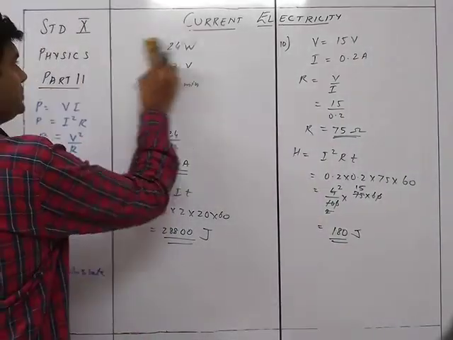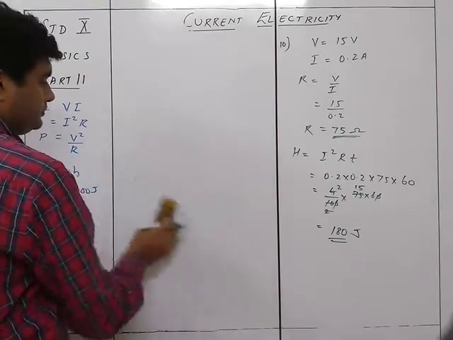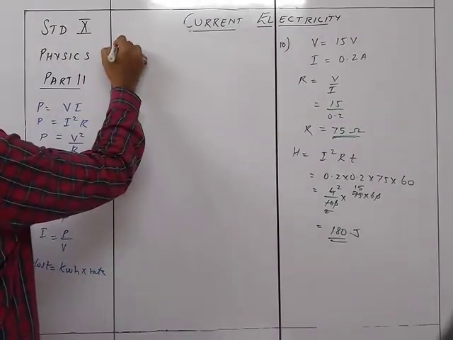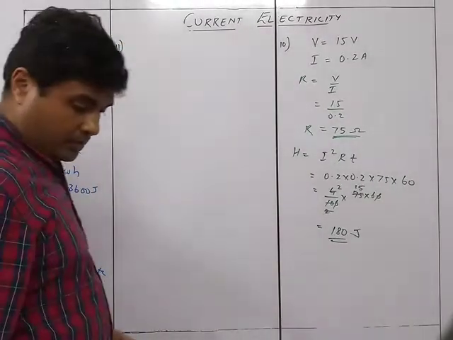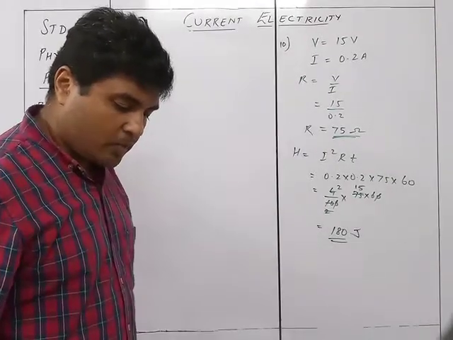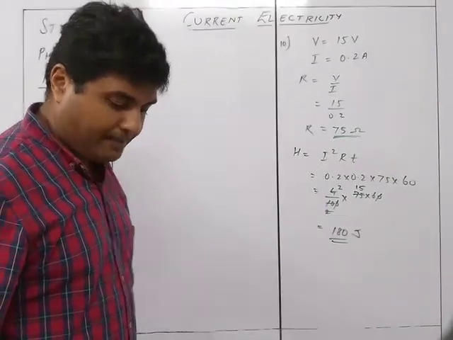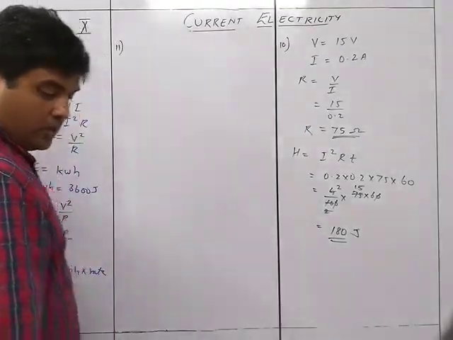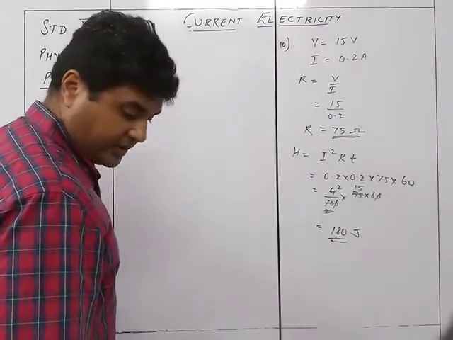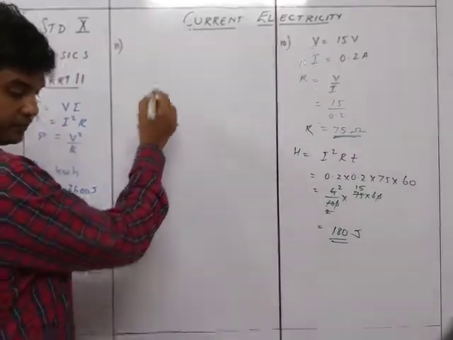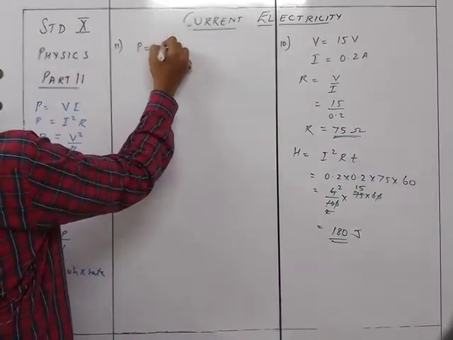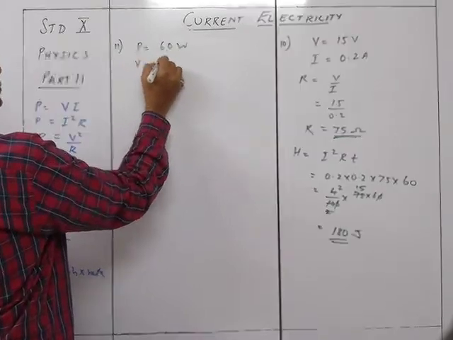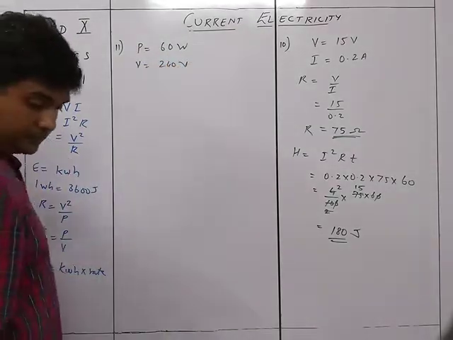Now sum number 11. What is the resistance under normal working conditions of an electric lamp rated 240 volt, 60 watt? So power is equal to 60 watt and voltage is 240 volts.